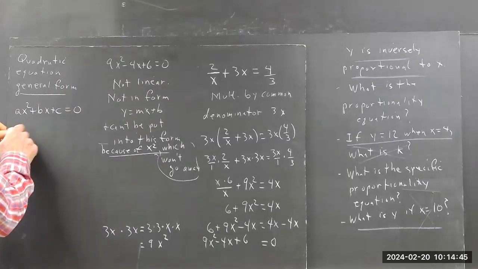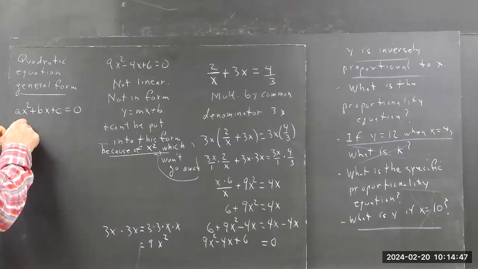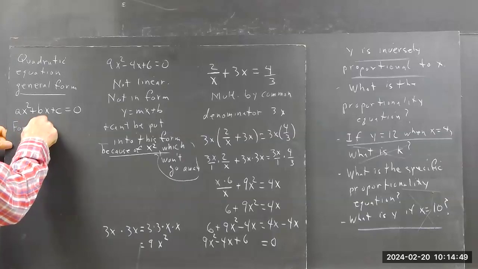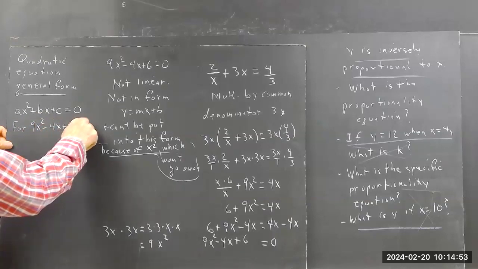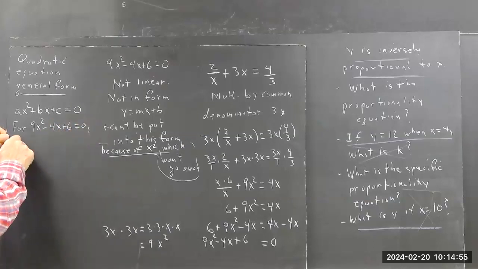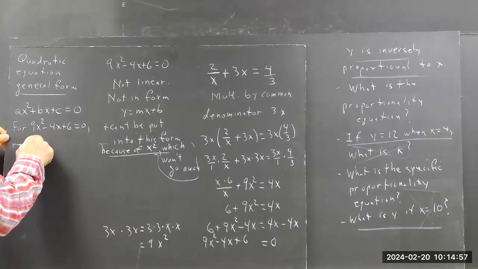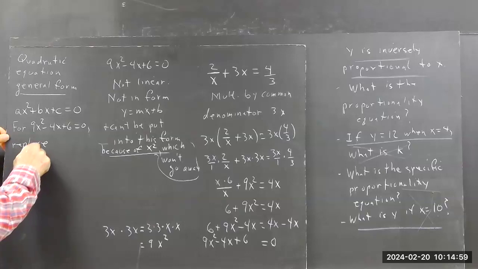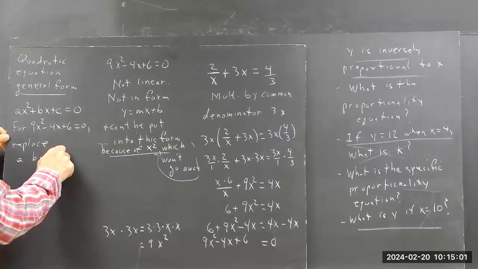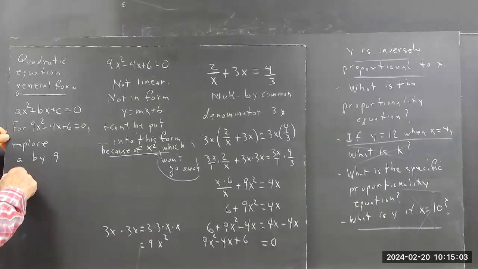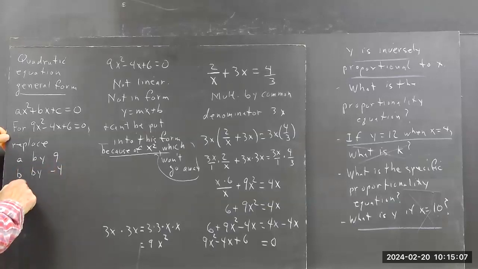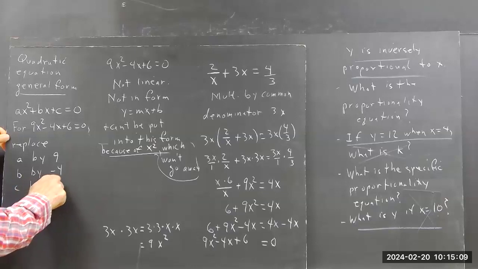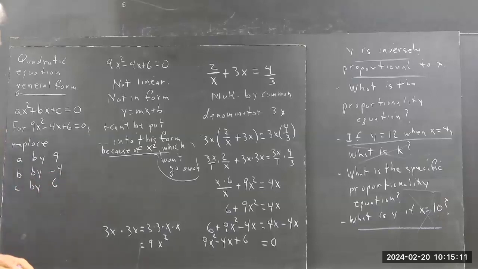Well, let's just write it out. Replace a by 9, b by -4, c by 6.